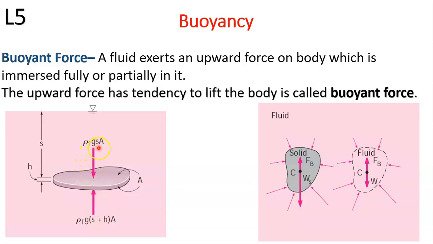Rho g S A will be the force acting downwards, whereas the buoyant force acting upwards will be rho g (S plus H) multiplied by the area. The area is identical on either side.